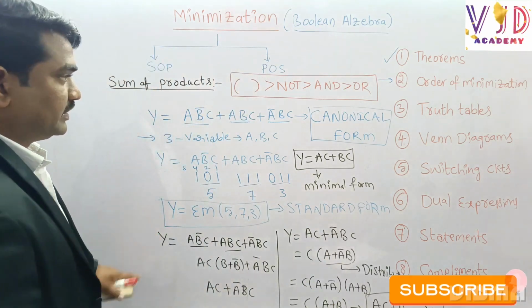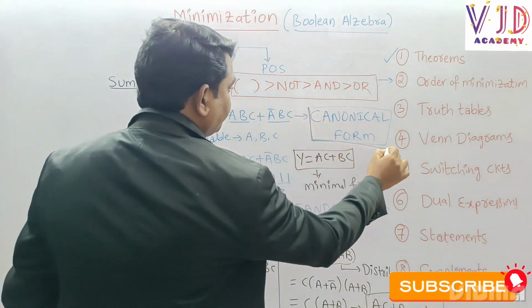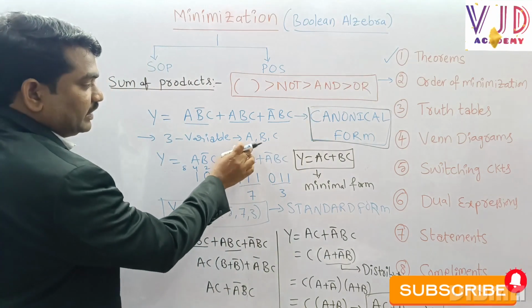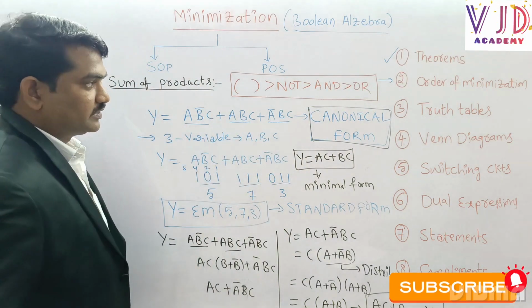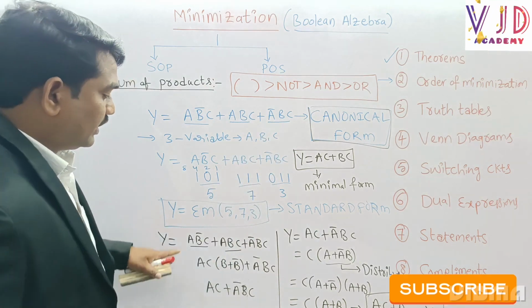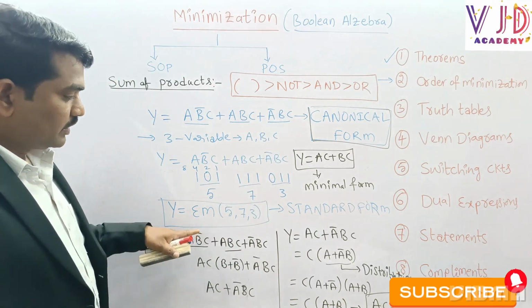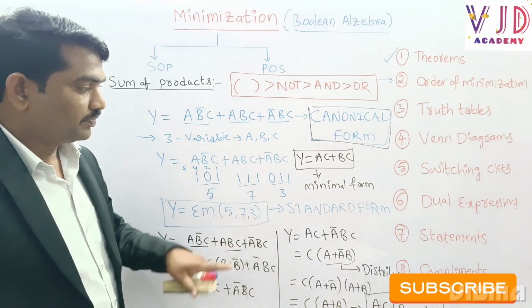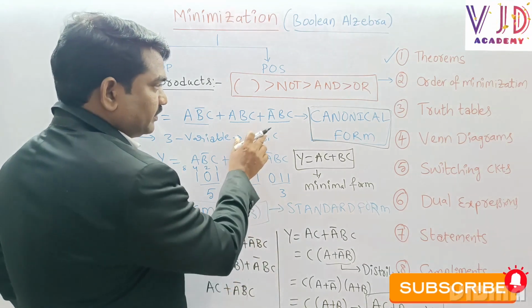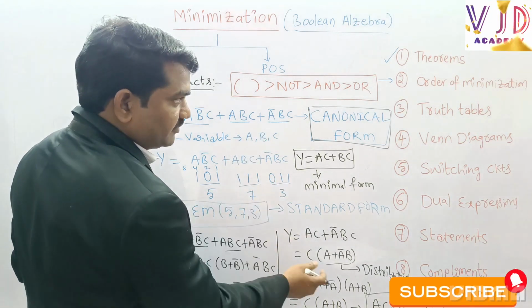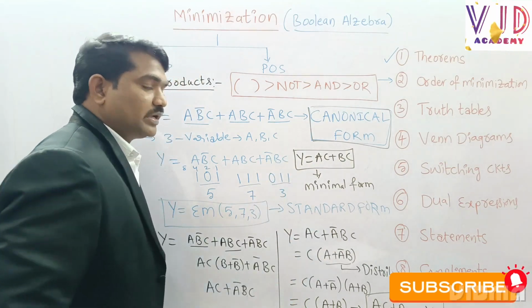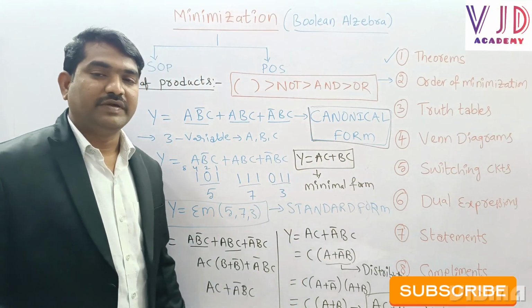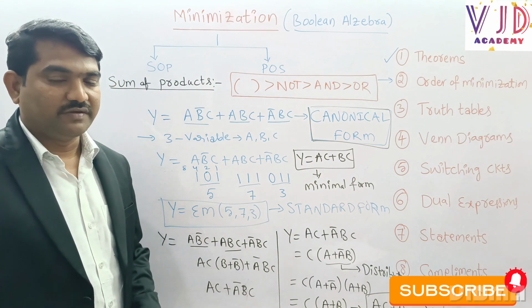Sir, this is called canonical form: every individual variable is present in all the minterms. The values we represent in standard form, and from the canonical form we have minimized with the help of different theorems, that is called minimal form. Sir, this is SOP, or we can say the order of minimization of SOP.